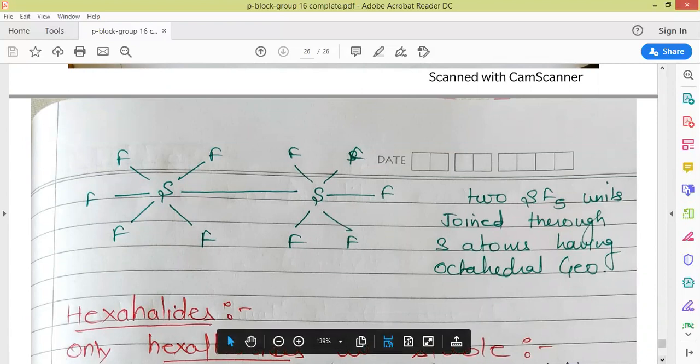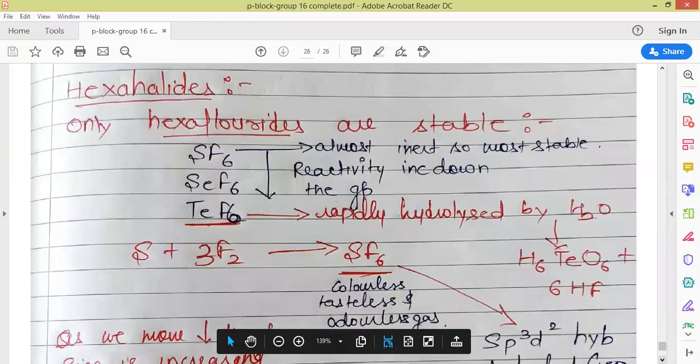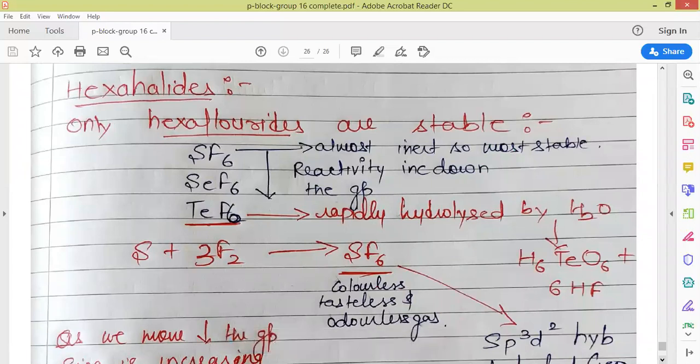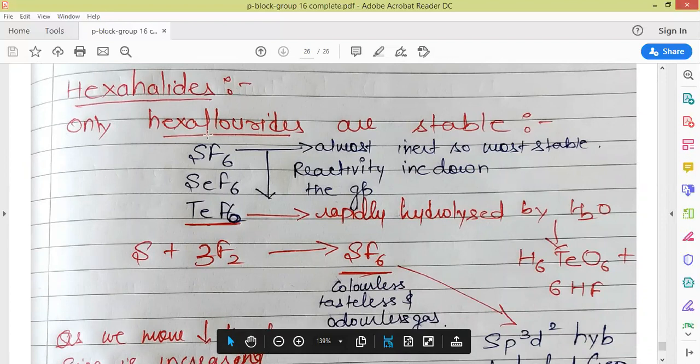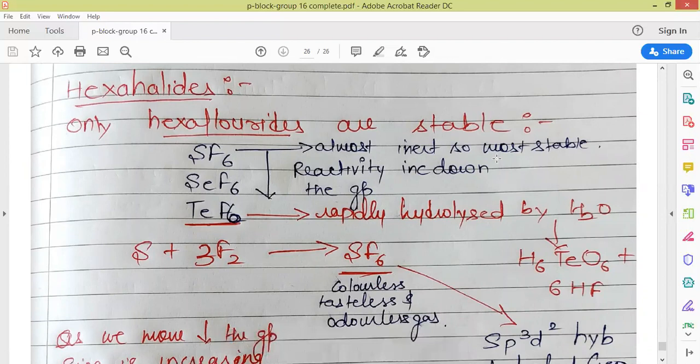Next are the hexahalides. Only hexafluorides are stable out of the group 16 elements, and as we move down the group, the reactivity of hexafluorides increases. SF6 is almost inert, so it is the most stable hexafluoride, as sulfur is in its +6 oxidation state, and the hexafluoride of sulfur is called an inert molecule because its reactivity is very low in comparison to other hexafluorides.